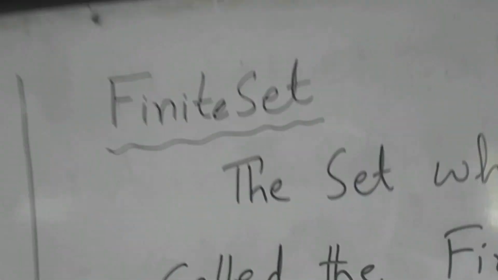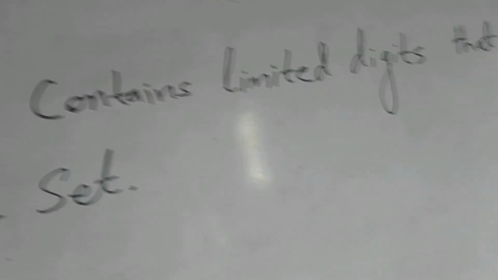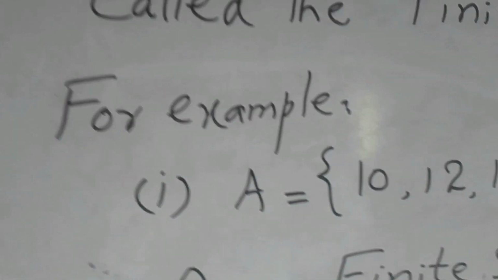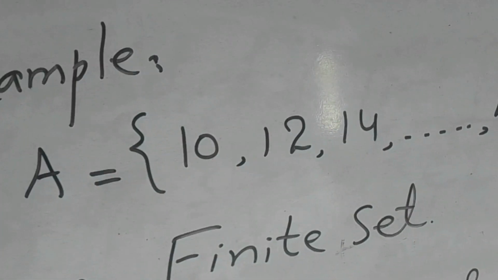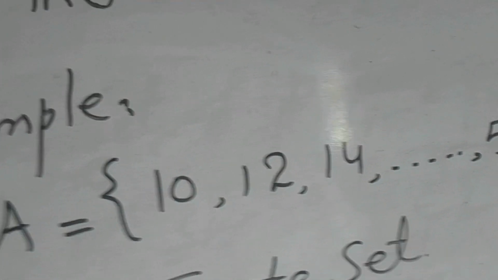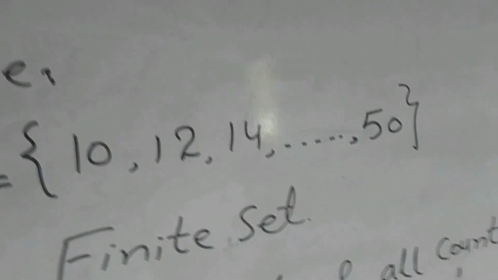Now we are going to know about the finite set. The set which contains limited digits is called the finite set. For example, number 1, A is equal to {10, 12, 14, ... up to 50}.